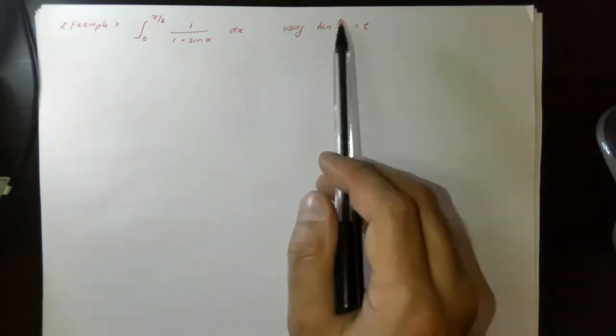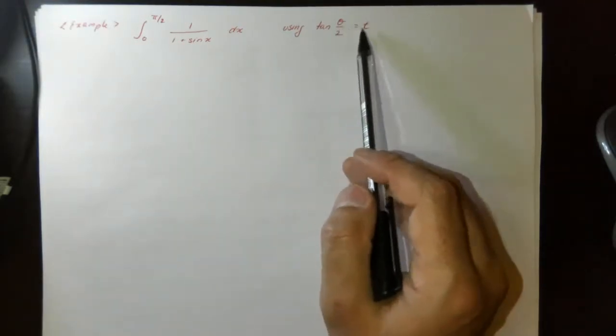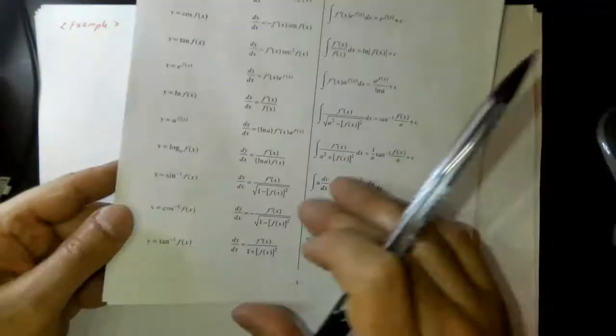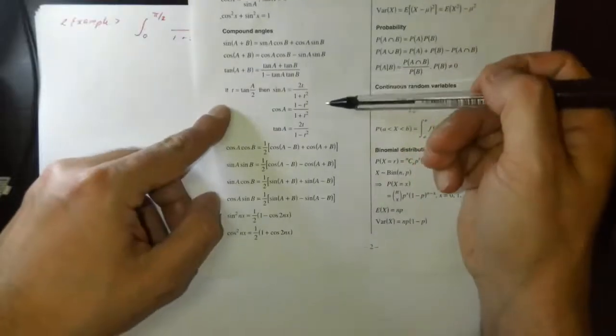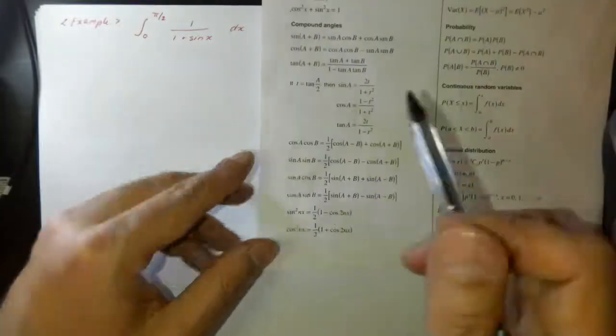Another example. So here, this is where we want to be using tan theta is equal to t. So looking at our formula sheet, on page 2, we have the tan formulas.